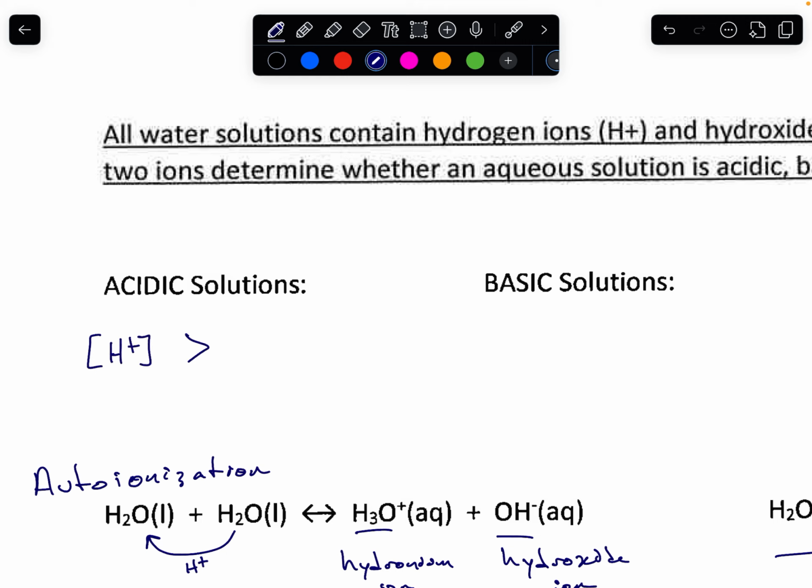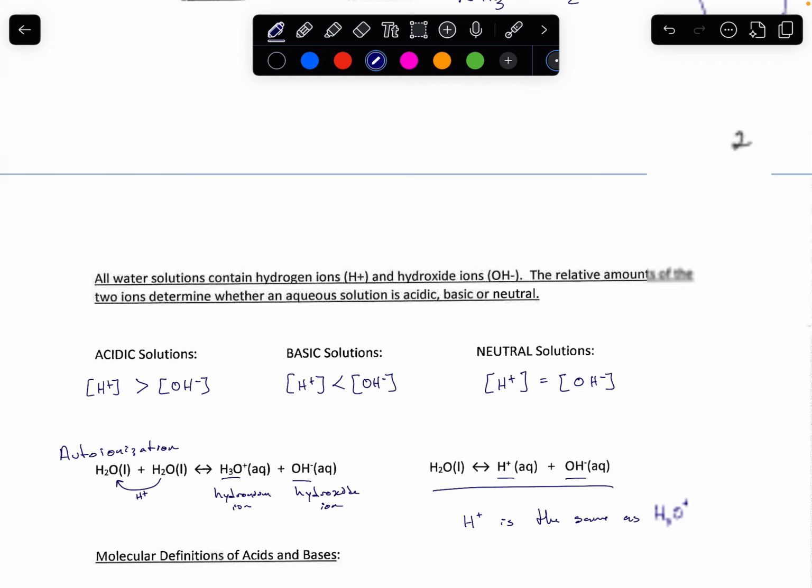In an acidic solution, my H plus concentration is going to be greater than my OH minus concentration. Likewise, in a basic solution, the H plus concentration is going to be less than my OH minus concentration. Depending on which one I have more of, that determines whether my solution is acidic or basic.